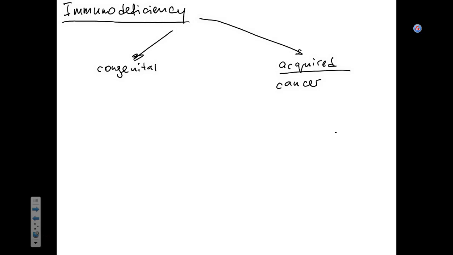Got it? Okay, cancer, what else? HIV, AIDS. Well, one thing that I want you as future microbiologists to understand very clearly: HIV is not a disease. It's a virus, human immunodeficiency virus.